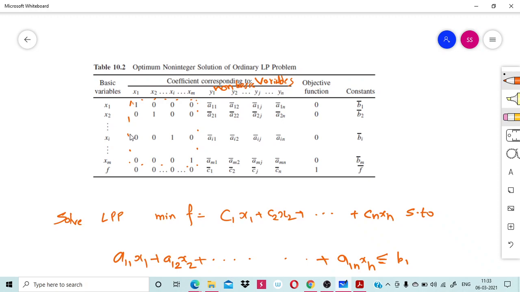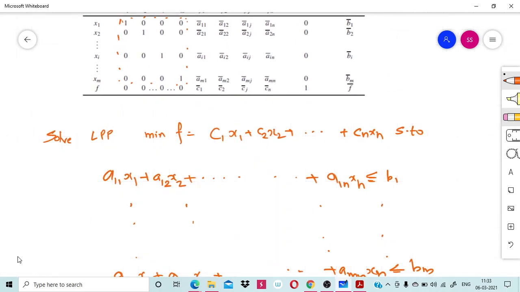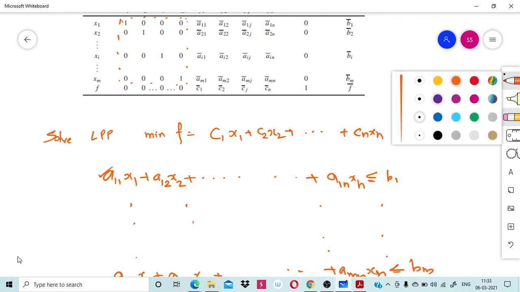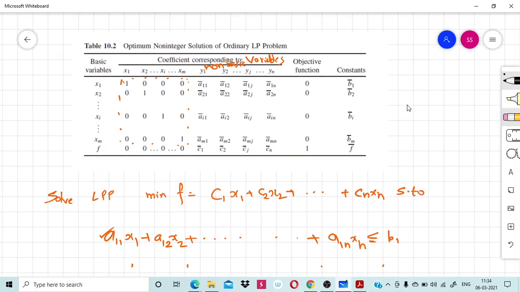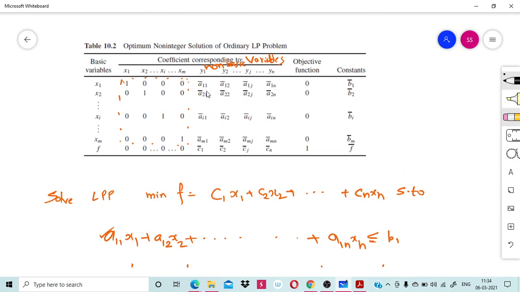I am taking them as a11 bar, a12 bar, a1j bar, a1n bar. This bar means it is nowhere related to your a11; it may be equal or may not be equal. So you get all the corresponding coefficients of y1, y2, etc.